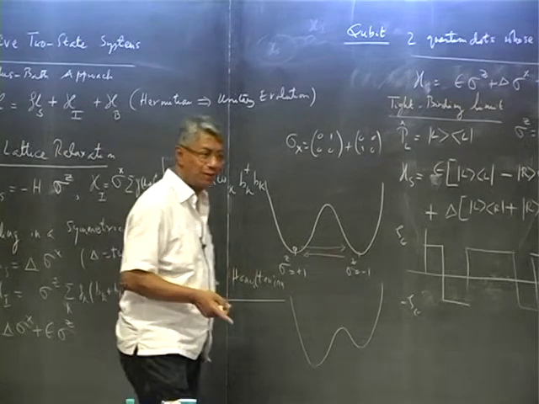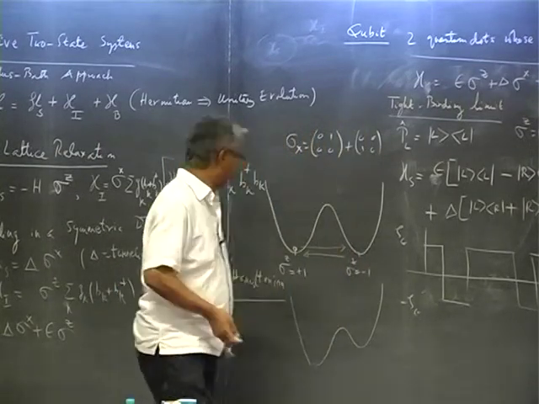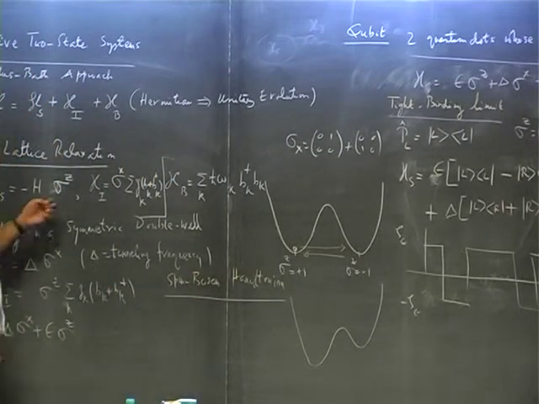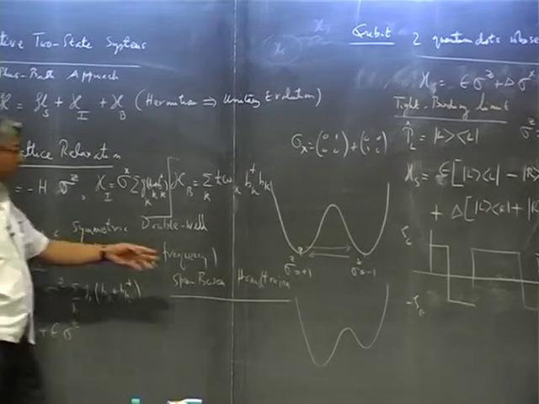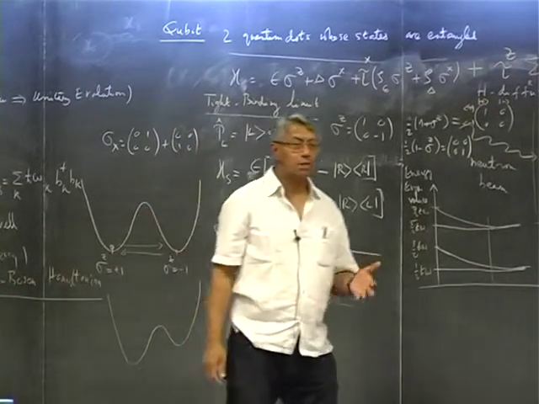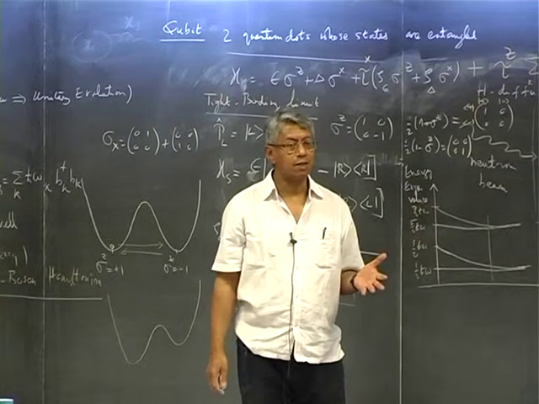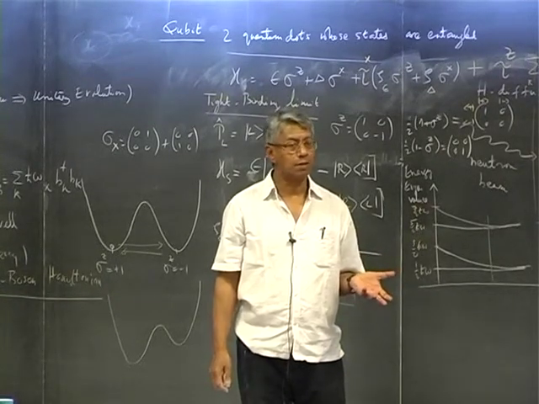As Sujit was saying, when we talk about two-state, you're talking about, let's say, spin up, spin down states, or two states in a double well, or a quantum two-level atom. So any two-level system can be described in terms of these Pauli operators.